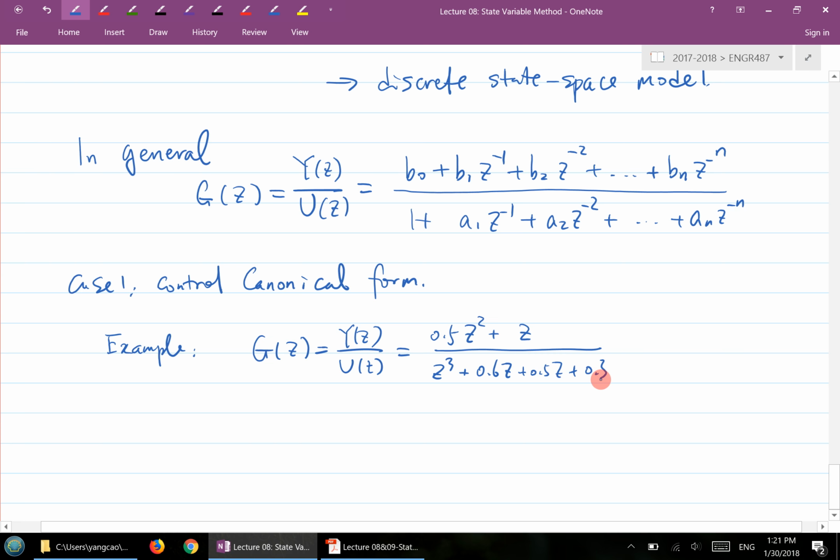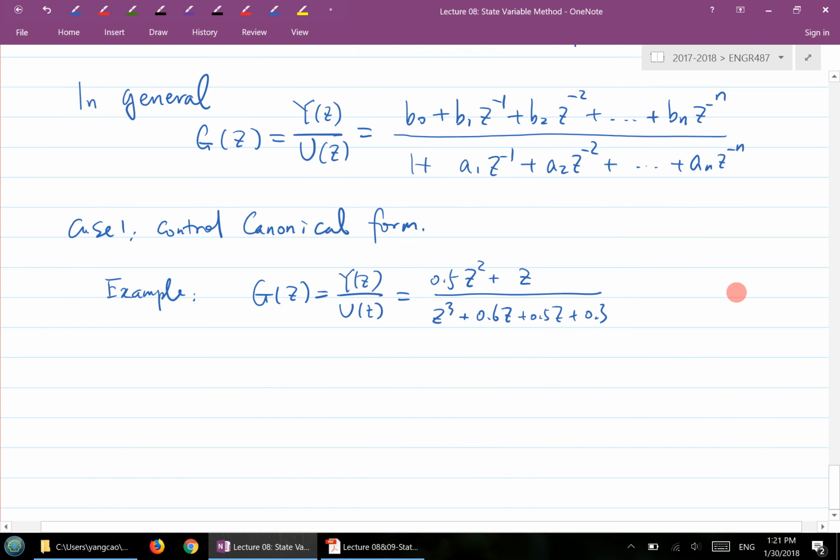Let's look at this example here. Here's a given pulse transfer function G of z. The first step is to rewrite this pulse transfer function into this format, which is always in z to the power of negative powers.